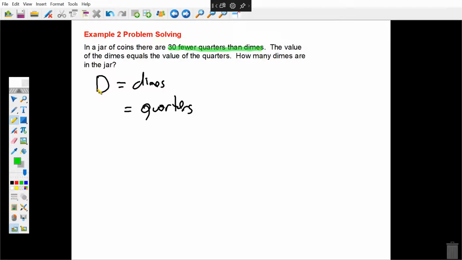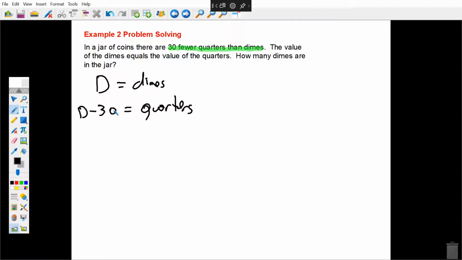So if the number of dimes is D, the number of quarters is going to be D minus 30, because there are 30 fewer quarters than dimes. And that's one of the big important steps of this question. The next you're going to see in a moment here.